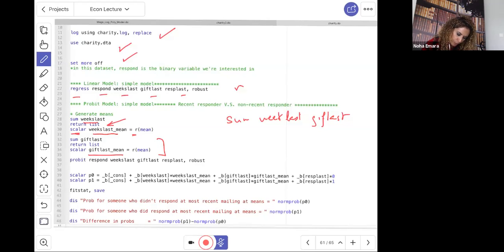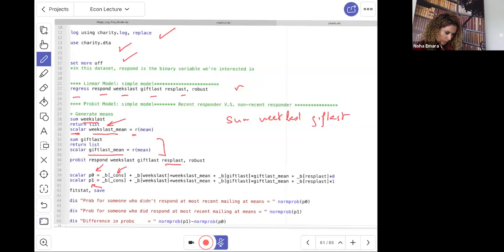We're going to compute the probability that responded last is no, or responded last is yes. P0 and P1 are just names that I decided to give. You can call it your name 0, your name 1. It doesn't matter, but it's easier to call it P0 and P1. And this P0 and P1 is going to take the intercept of the previous regression.